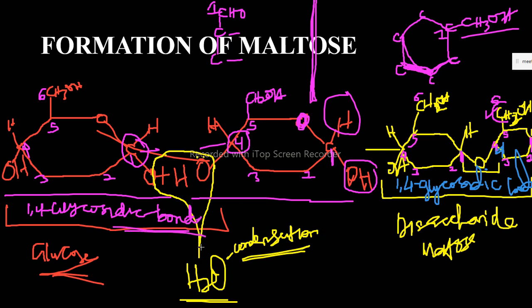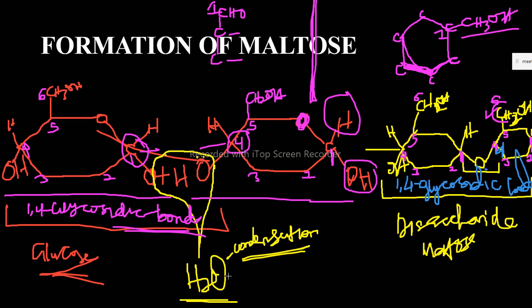So I hope it's now okay. We can proceed. Even with other disaccharides, it is the same concept. Even with polysaccharides, if you want to form starch, you further condense these, you further add glucose molecules here, very many of them, same reaction, and the bond that is going to be formed is a glycosidic bond.